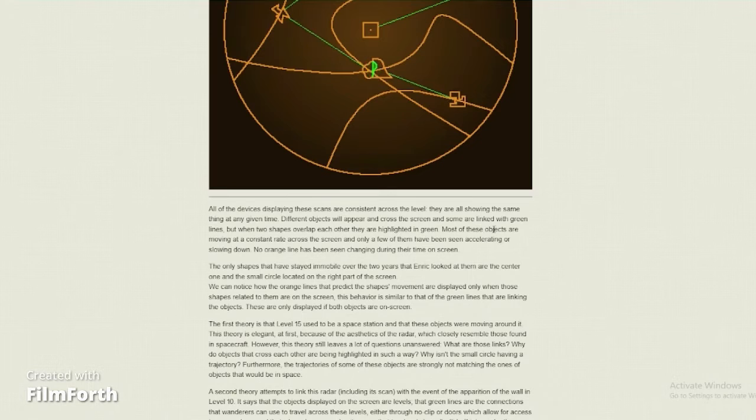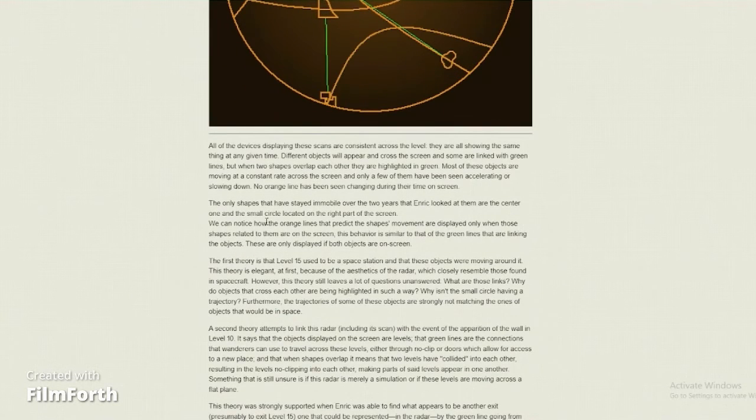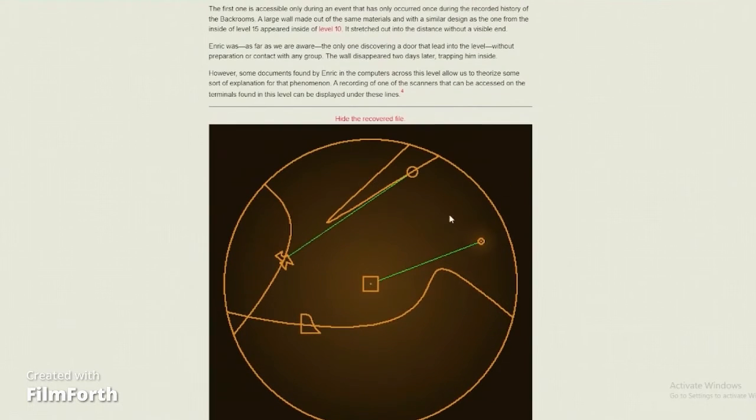Most of these objects are moving at a constant rate across the screen, and only a few of them have been seen accelerating or slowing down. No orange line has been seen changing during their time on screen. The only shapes that have stayed immobile for over 2 years that Enric looked at them are the center one and the small circle located on the right part of the screen.